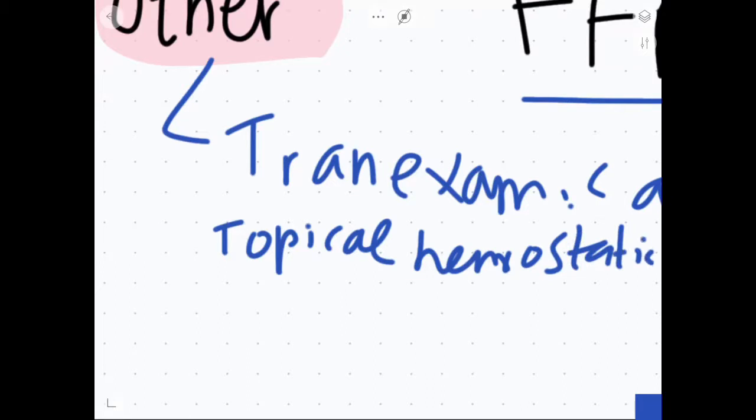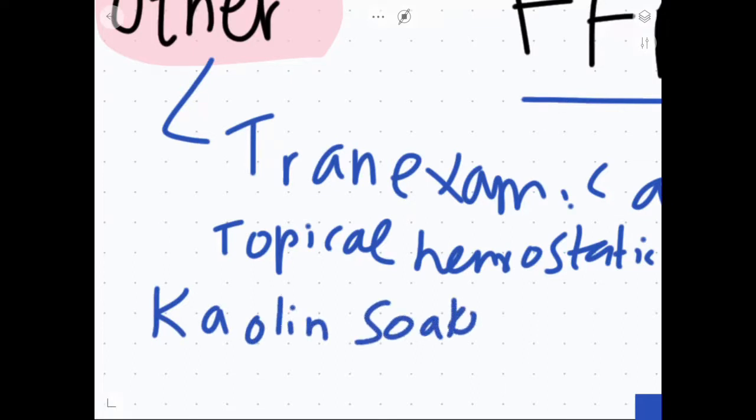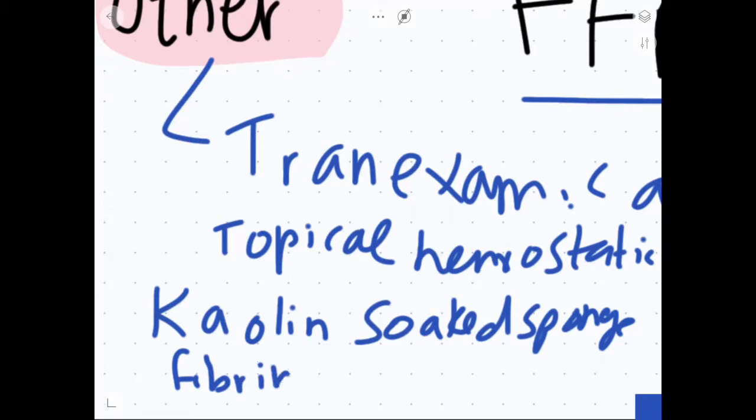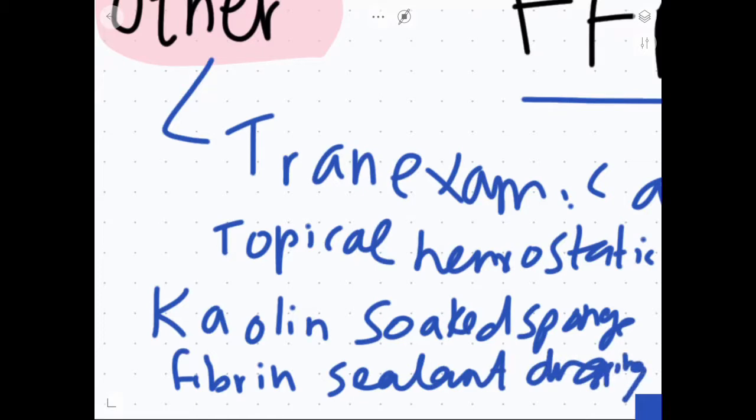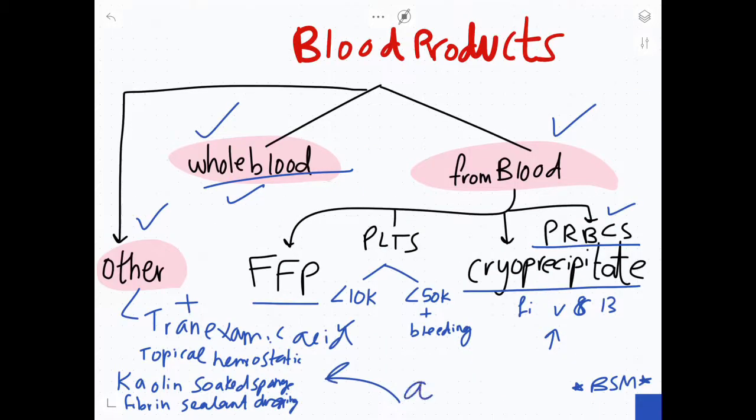These include a kaolin soaked sponge or fibrin sealant dressings. So these are just add-ons, and they can help if somebody is actively bleeding and you just really need to stop them from bleeding out.